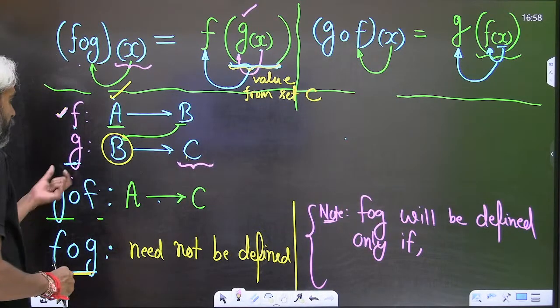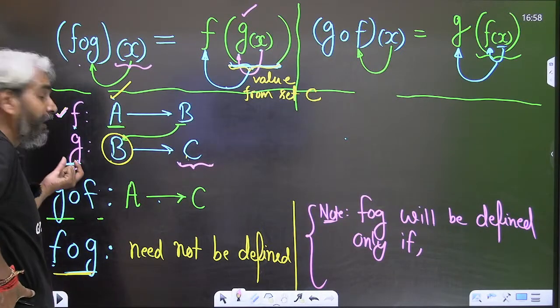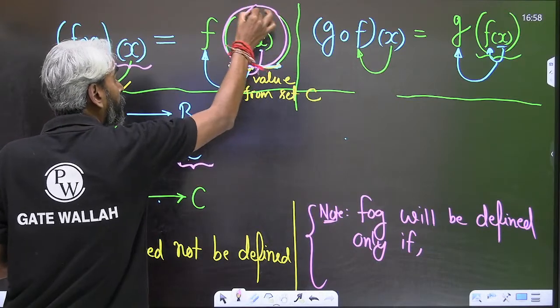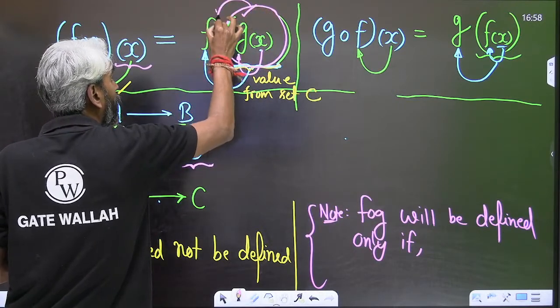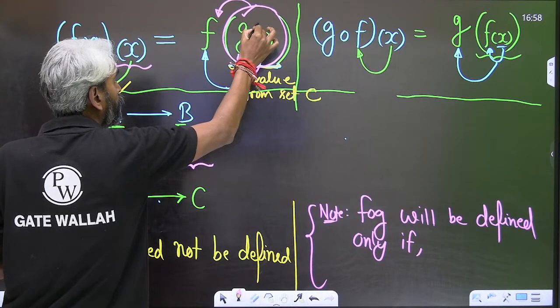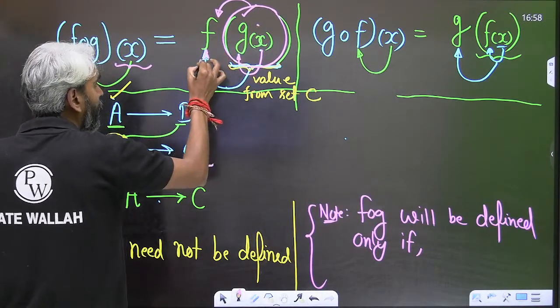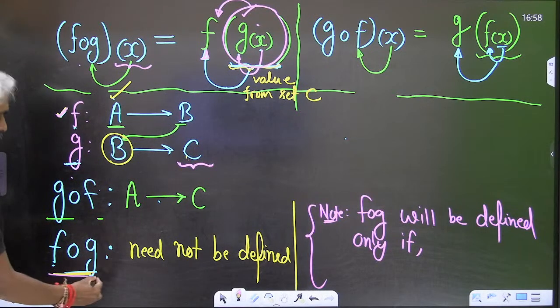That means the values taken by function g must be in the domain of function f. If g produces any such value which is not in the domain of function f, then f of g will not be defined.